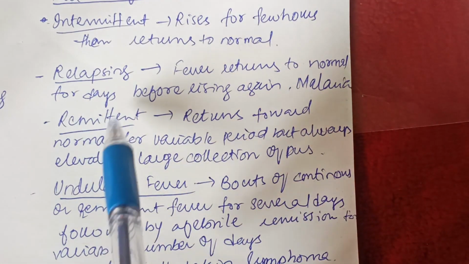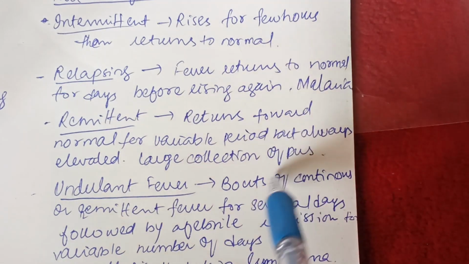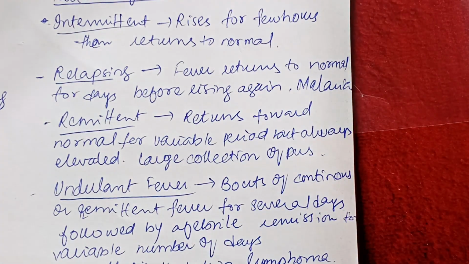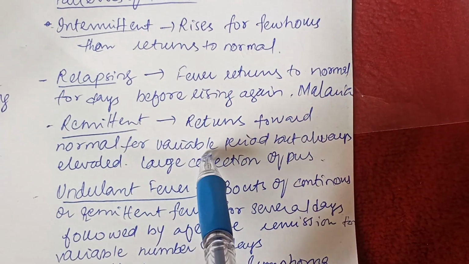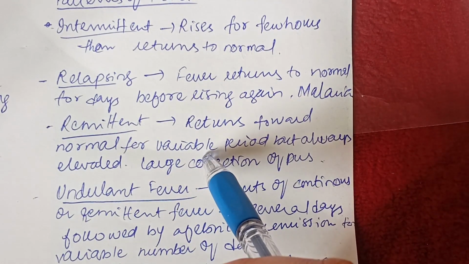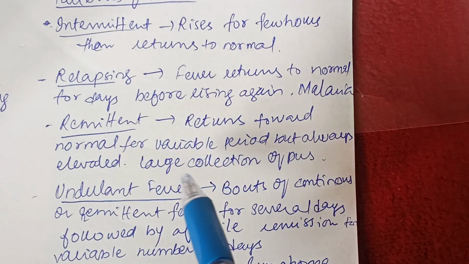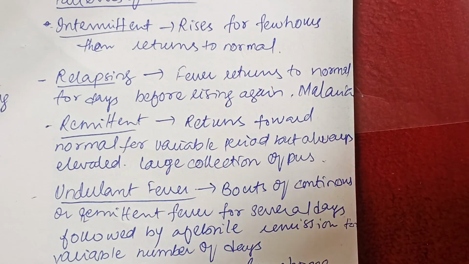And remittent fever returns towards normal for variable periods, but is always elevated. It does not touch the baseline. Remittent fever is usually seen when there are large collections of pus, abscess, and can be present in these conditions.